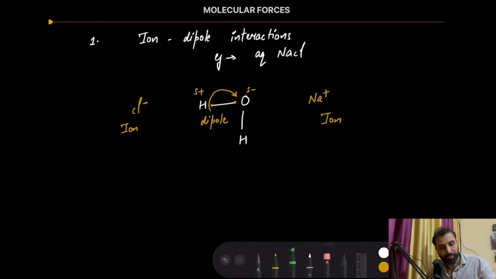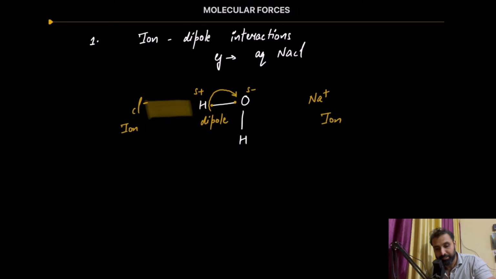Now, this Cl negative ion is going to form interactive force with the hydrogen with a delta positive charge of the dipole. So we got the first interactive force, that is between the Cl negative and the hydrogen acquiring delta positive charge of the dipole. So we got the first ion dipole interaction.